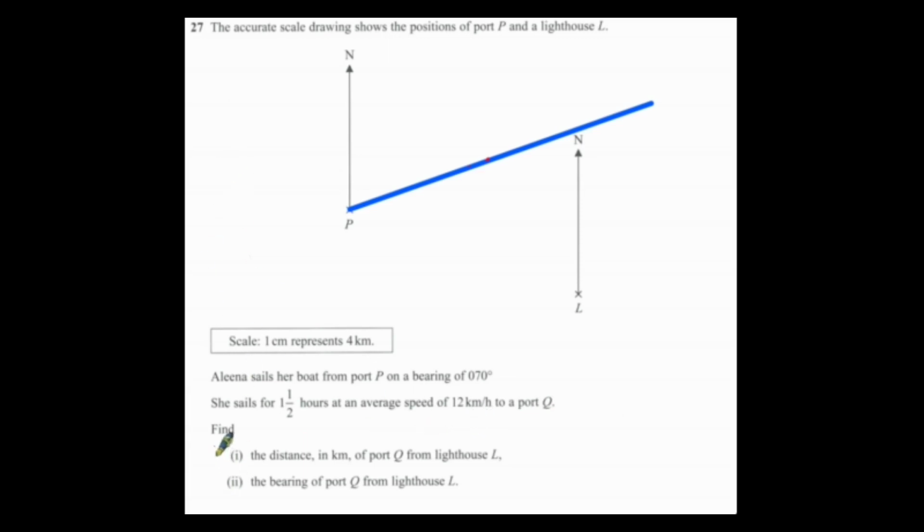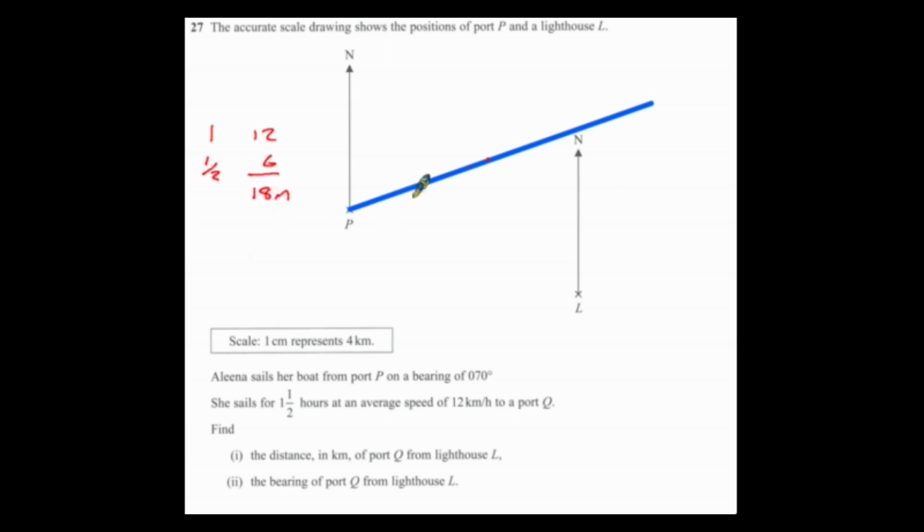It says find the distance of port Q from the lighthouse at L. We need, first of all, to figure out how far she has travelled. So in 1 hour, she's doing an average speed of 12 kilometers per hour. In 1 hour, she's travelled 12 kilometers. She then travels another half an hour, so half of 12 is 6. She travels for 18 kilometers.